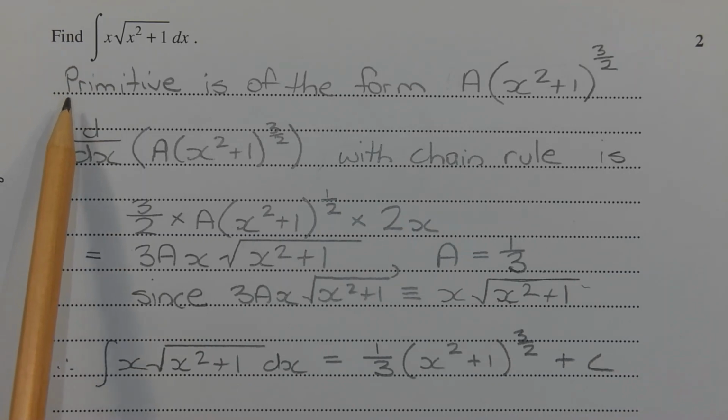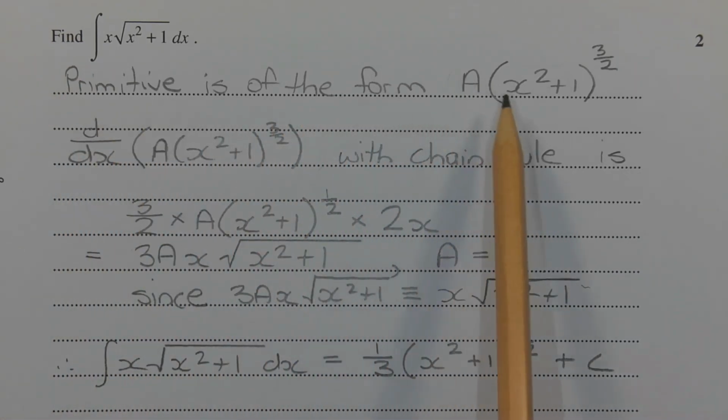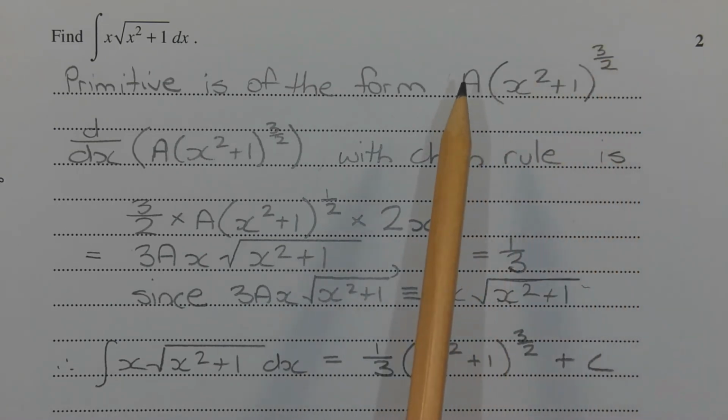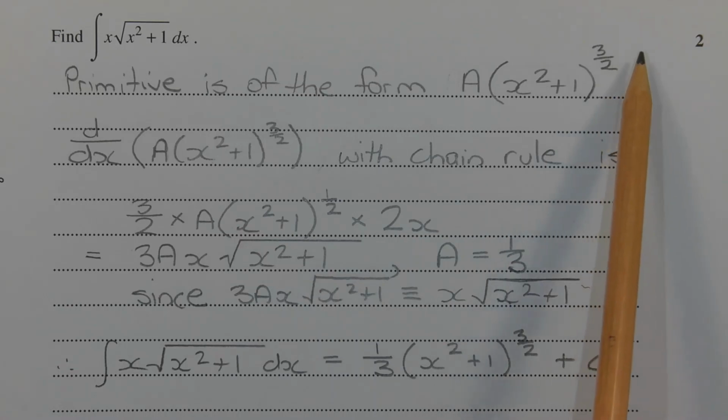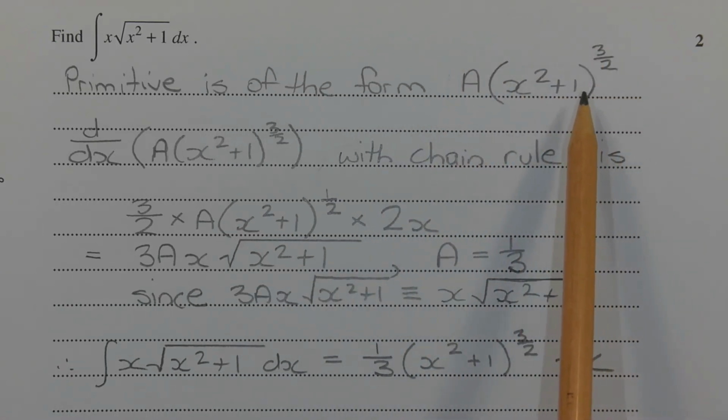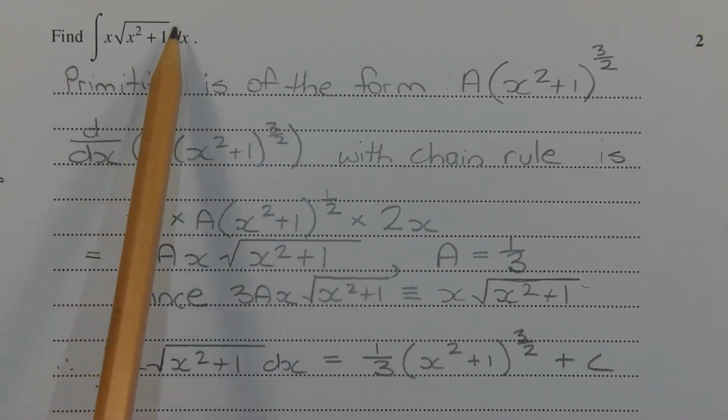By inspection, the primitive is of the form a outside of x squared plus 1 in brackets to the power of 3 over 2, and we want to find the value of a. So what I'm going to do is differentiate this function here. So what I'm going to end up with is a multiple of the integrand.